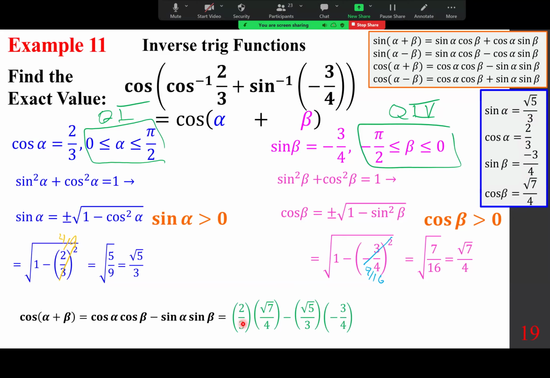So clearly the denominator is 3 times 4, 12 for both cases. So this gives us 2 square root of 7. This gives us plus, because negative and negative is plus, 3 square root of 5. So 2 square root of 7 plus 3 square root of 5 over 3 times 4, or 12.